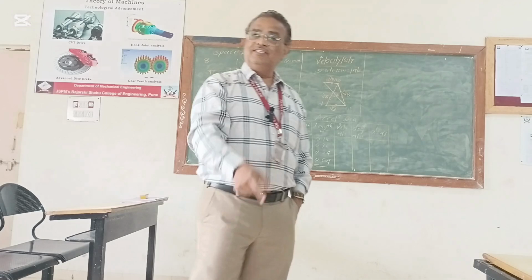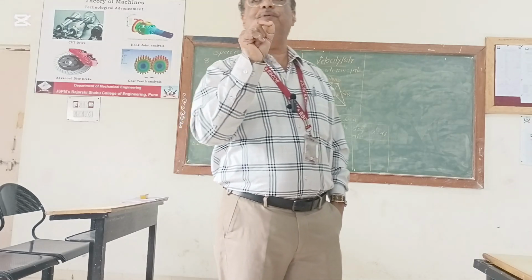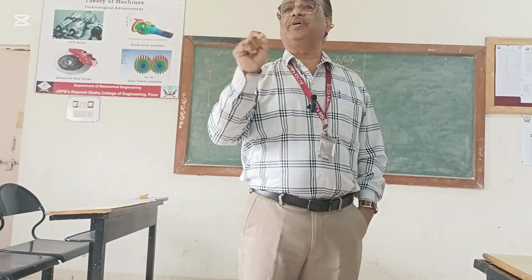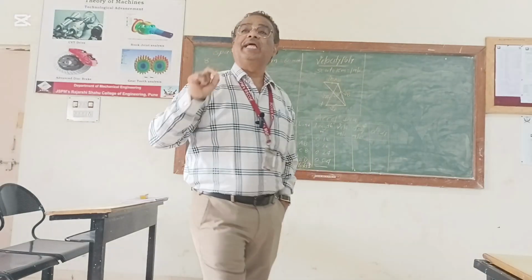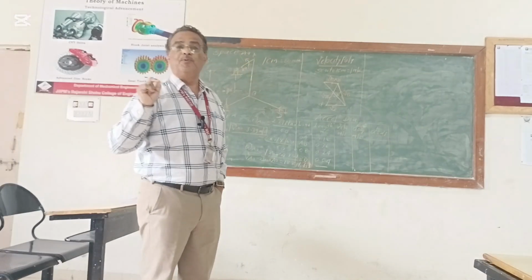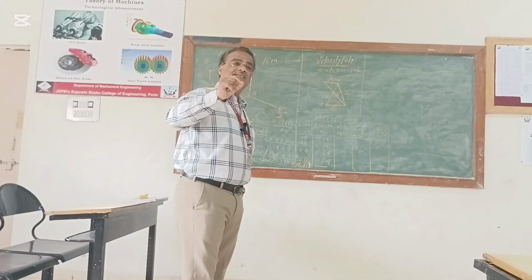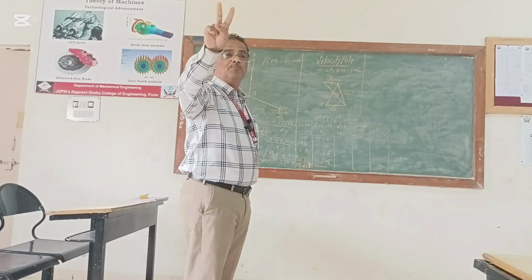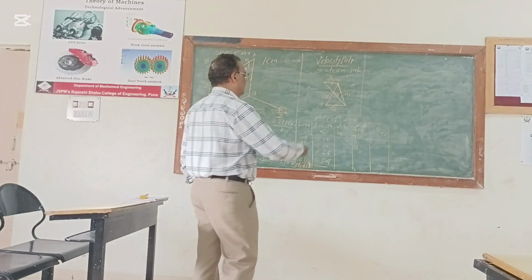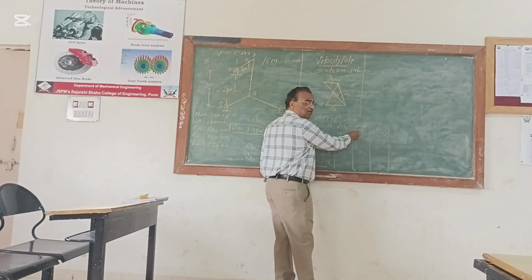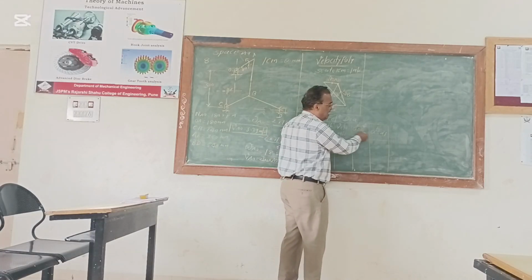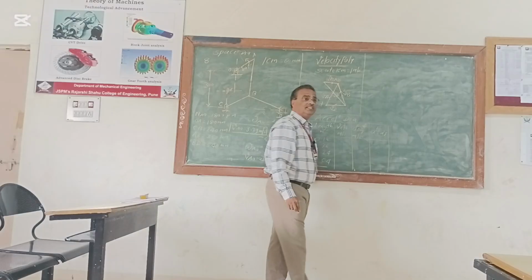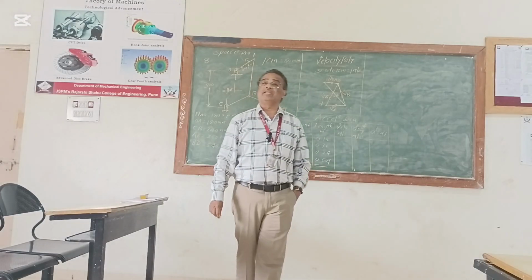This is the velocity polygon for this mechanism. In this numerical, they have mentioned 50 radian per second square is the increasing speed of the crank. So the crank is not rotating at uniform speed. So the crank in this case will have two components of acceleration. That is the radial component of acceleration, which is also called the centripetal component of acceleration, and the second component of acceleration is the tangential component of acceleration.